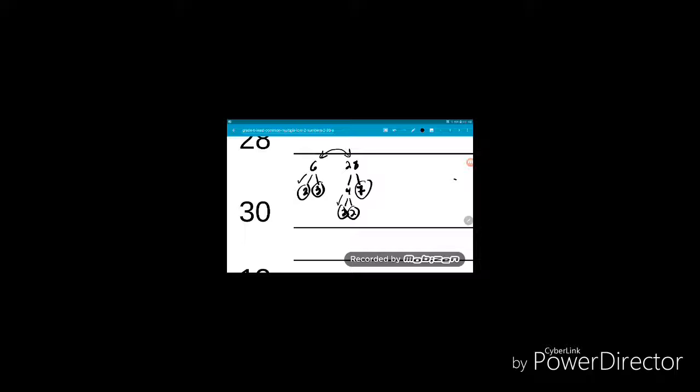What numbers show up here? 2, 3. If we list them all, 2, 3, 2, 2, 7. Those are the numbers. That's the prime factorization of both of them.